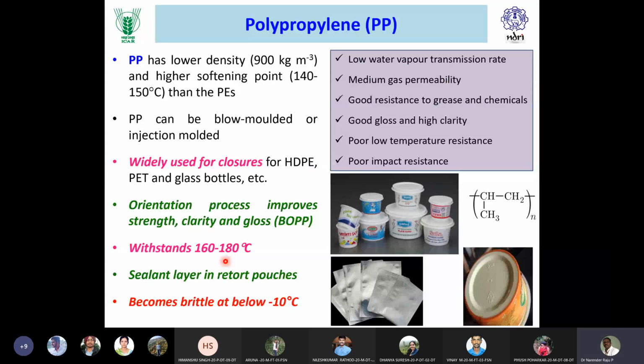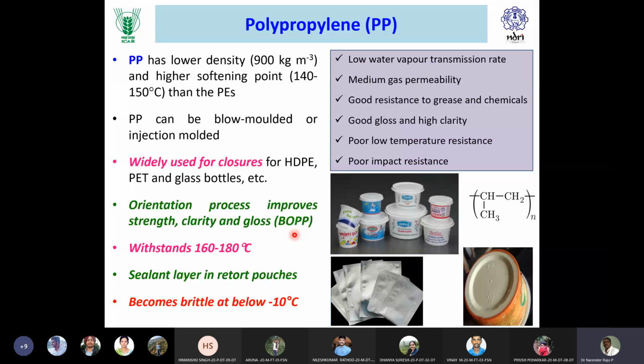Most commonly, the propylene that is available in the market is called CPP, cast polypropylene. But because of the orientation process, you can also get OPP, oriented polypropylene. So the native, unoriented polypropylene is called CPP, cast polypropylene, and when it is subjected to orientation, it is called oriented polypropylene.